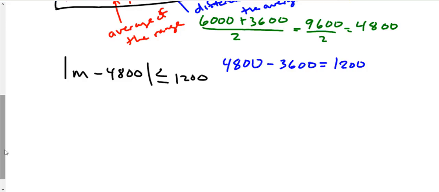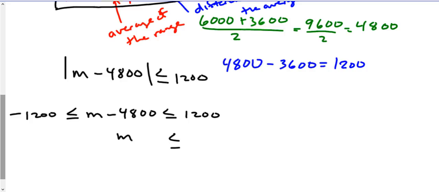I'm going to have m minus 4,800, and we create this by making this one negative. I'm going to add 4,800 to both sides. So what we have right here is hopefully 6,000, which it is.